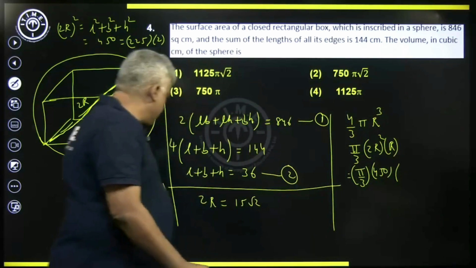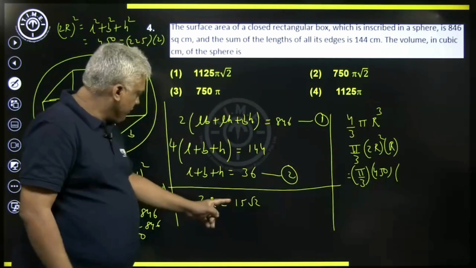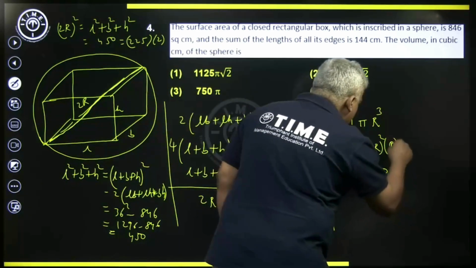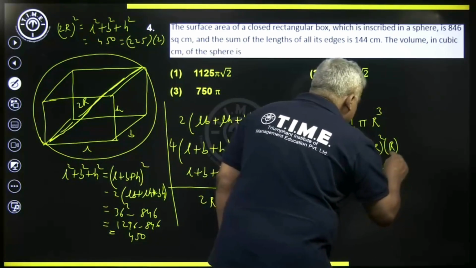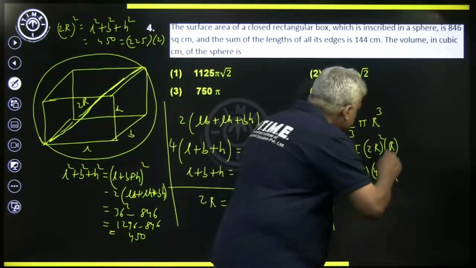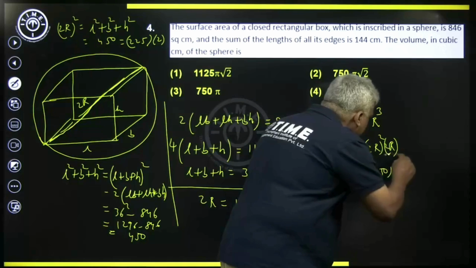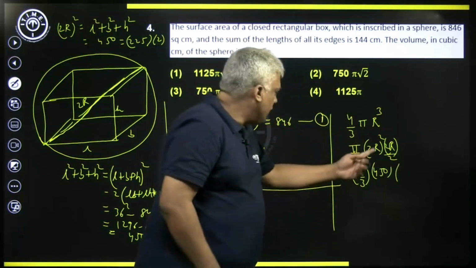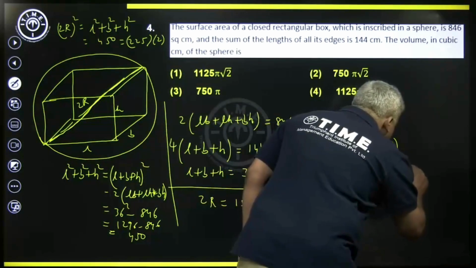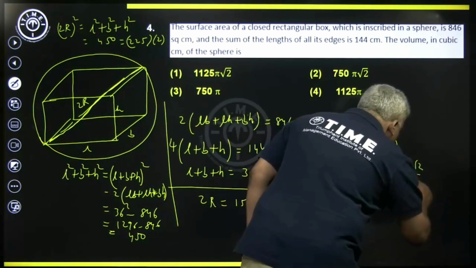Into r, which, multiplying numerator and denominator by 2, I can write as 2r by 2, the same thing, so r, and 2r I can write as 15 root 2. So this will be 15 root 2 by 2.